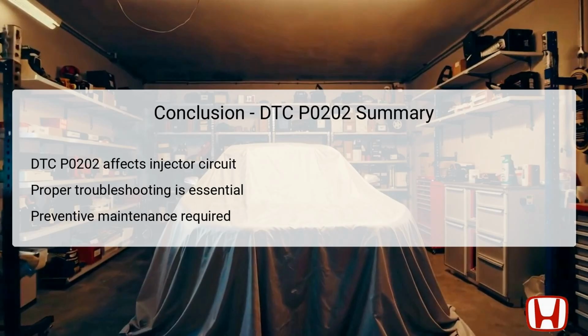It is crucial to follow each step carefully to ensure that all potential issues are addressed. Furthermore, preventive maintenance not only helps to sustain vehicle performance, but also reduces the likelihood of encountering future DTCs. By being proactive and systematic, you can extend the life of your injector system and ensure that your Honda Pilot operates at its best.